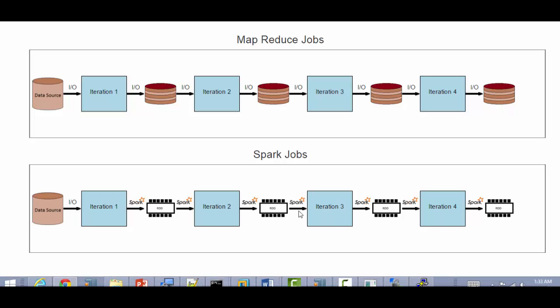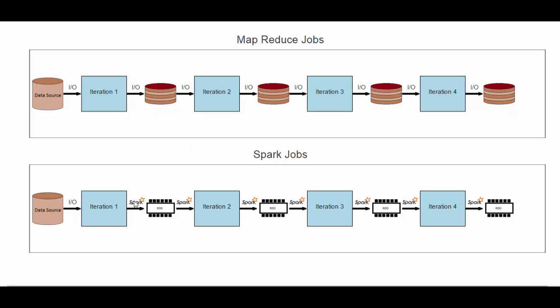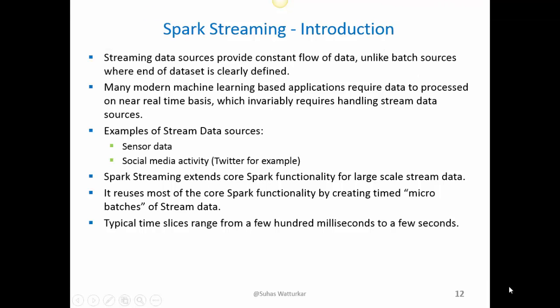So a lot of the IO overhead is eliminated or at least avoided in Spark. That's why Spark is known to be much faster than traditional MapReduce IO-bound jobs.